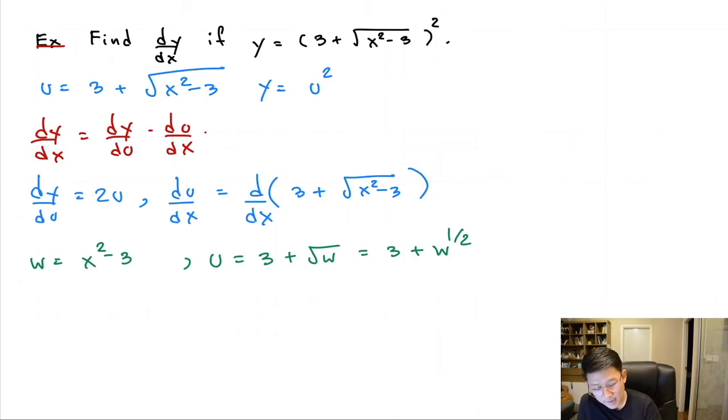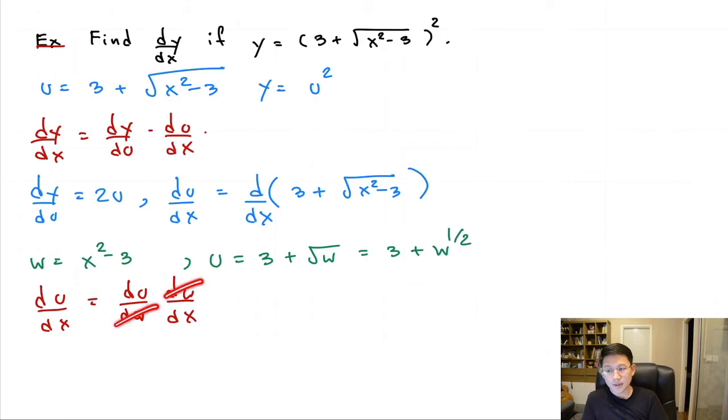And du by dx is du by dw times dw by dx. Again, it looks like they got cancelled out and you got du by dx. So du by dw, what is it? Du by dw is half of w to the power of minus half, right?